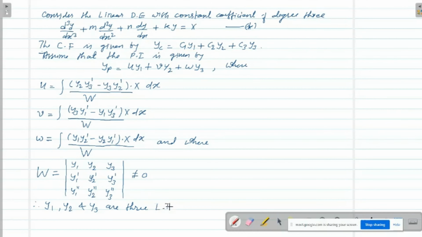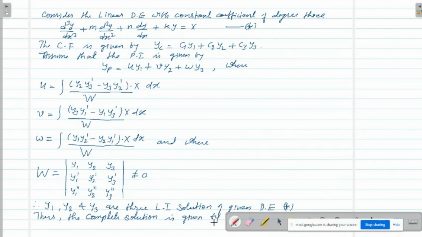Thus the complete solution, or general solution, is given by y equal to yc plus yp.